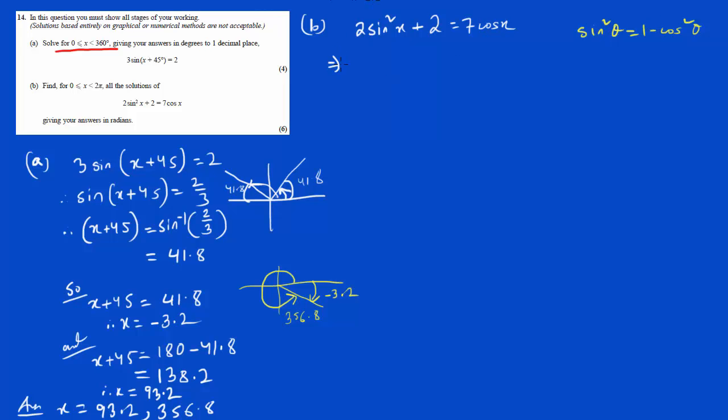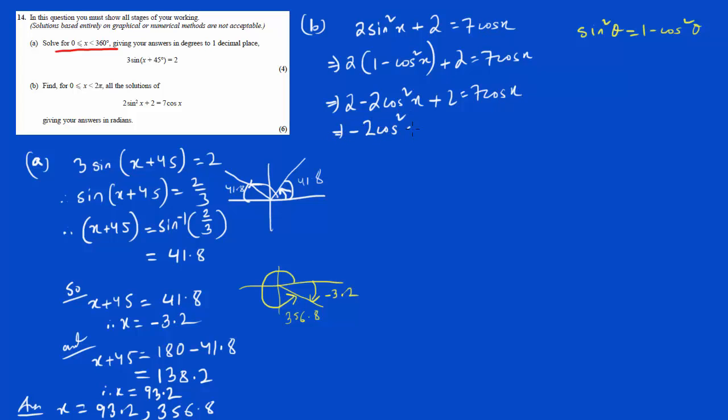That turns out to be 2 times (1 minus cos squared x) plus 2 equals 7 cos x. Let's simplify this. 2 minus 2 cos squared x plus 2 equals 7 cos x. That means minus 2 cos squared x minus 7 cos x, 2 plus 2 is 4, plus 4 equals 0. If you multiply by minus, it would be 2 cos squared x plus 7 cos x minus 4 equals 0.